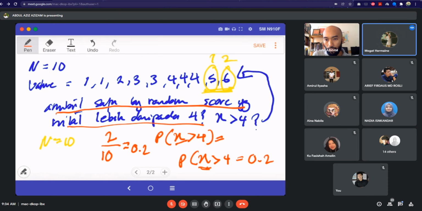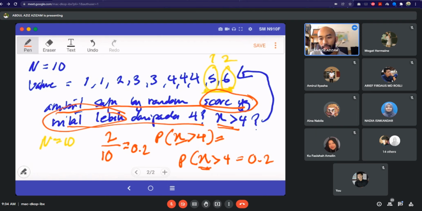Macam tu. 2 tu 5 dengan 6 tu lah. Sebab dia nak satu random score yang greater than 4. Tinggal 5 dan 6 lah. 5 dan 6 maksudnya 5 ada 1, 6 ada 1. So, ada 2 je lah. Oh, okay, faham sir.